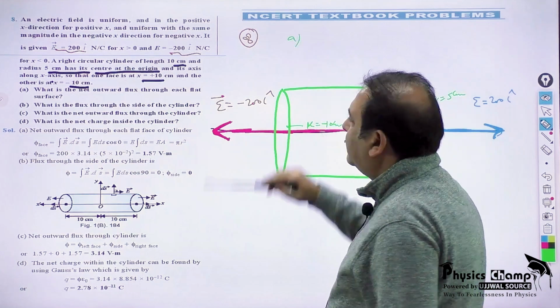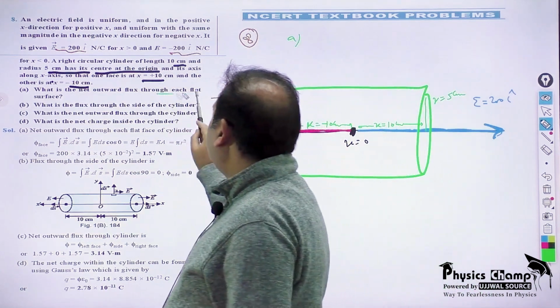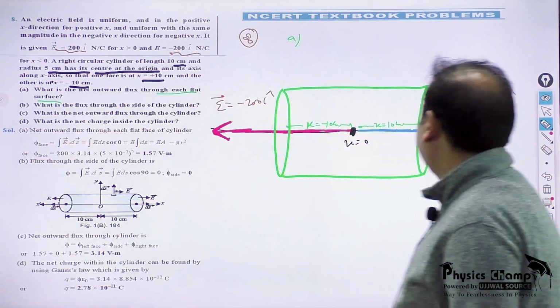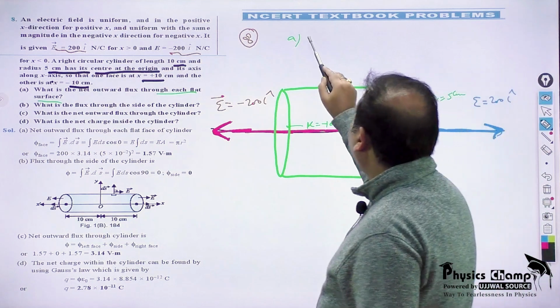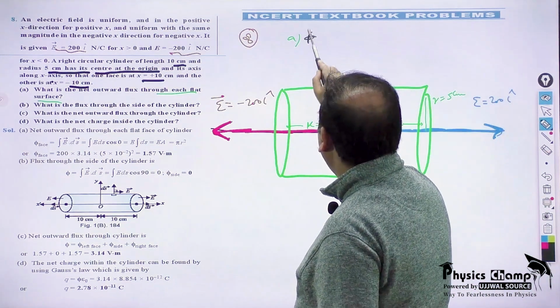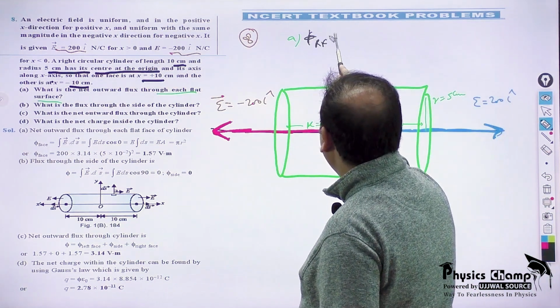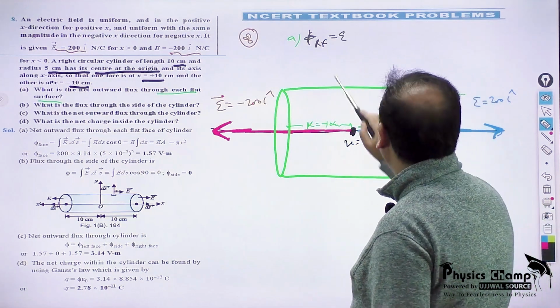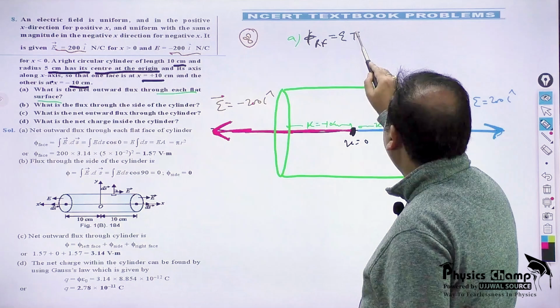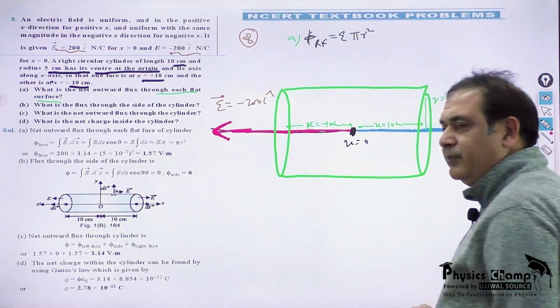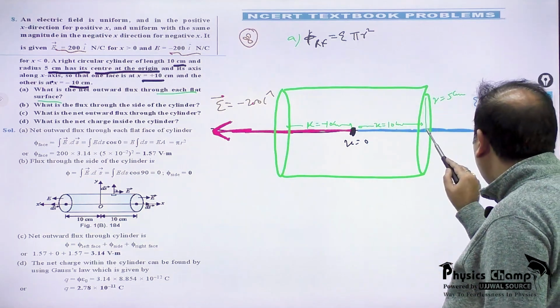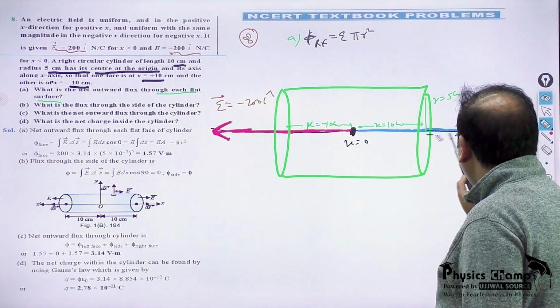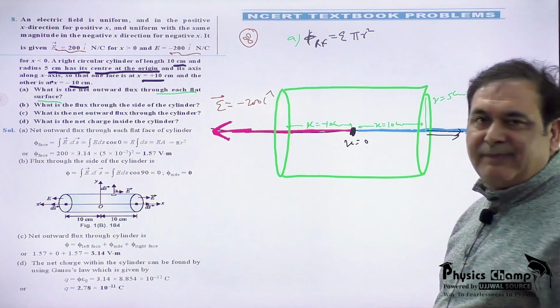Question is part A. What is net outward flux through each flat surface? So what is the net outward flux through the right flat surface? It will be electric field into pi r square. Electric field is here, and area vector will also be here.